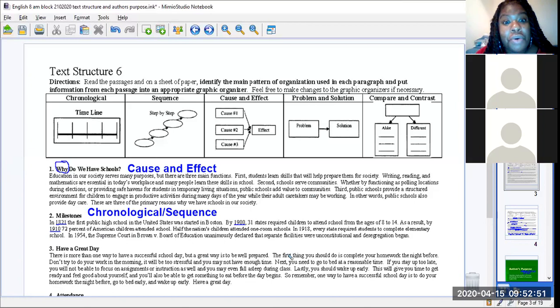That lets you know that this is a chronological sequence. In 1918, something happened. And then in 1954, the famous Supreme Court case Brown versus Board of Education. So hopefully everybody can see those dates that I underlined.